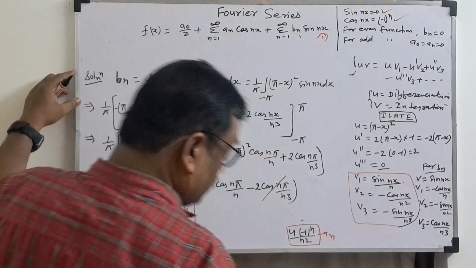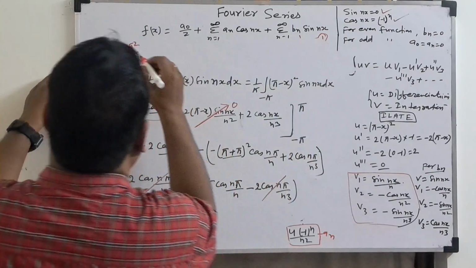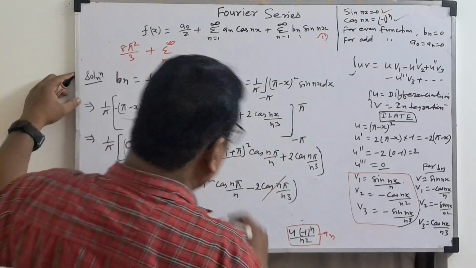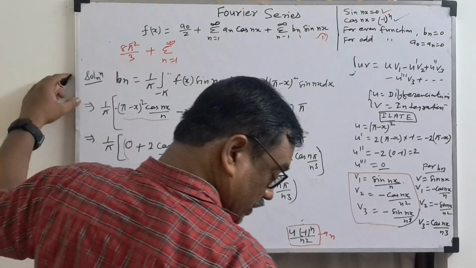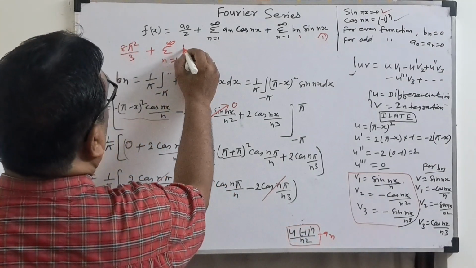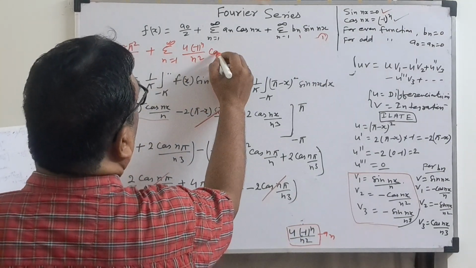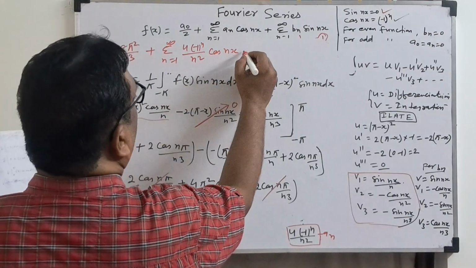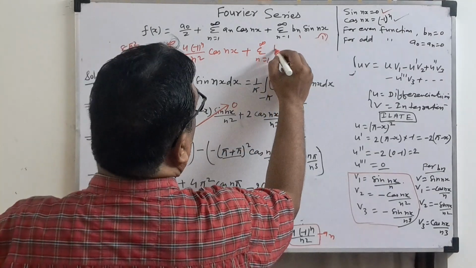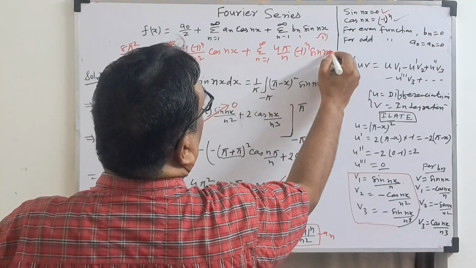So you will get a0, 8 pi square by 3, plus summation n is equal to 1 to infinity, 4 minus 1 power n by n square cos nx, plus summation n is equal to 1 to infinity bn, which is 4 pi by n minus 1 power n sine nx.